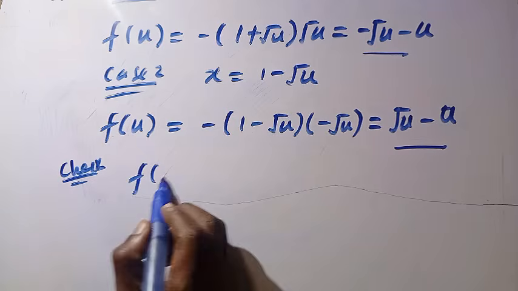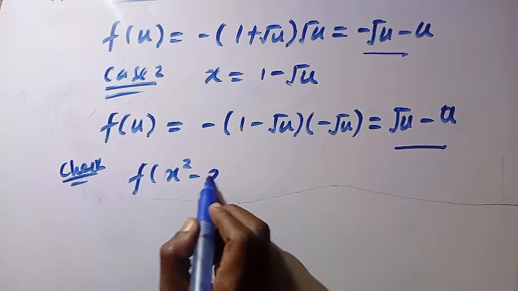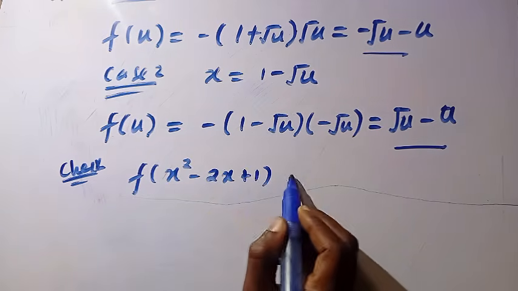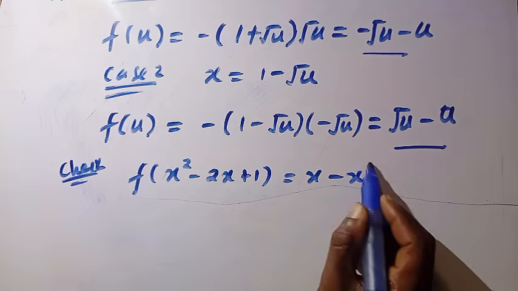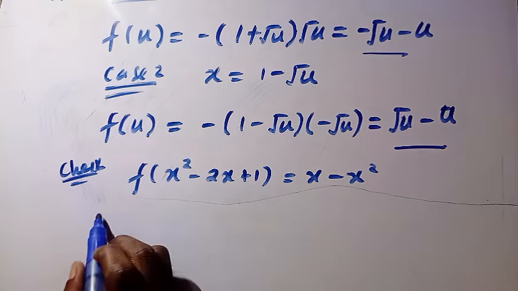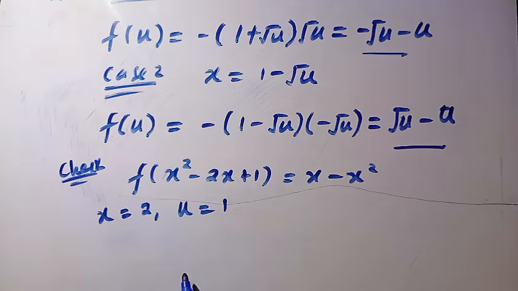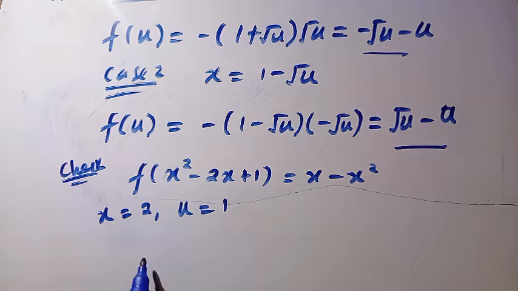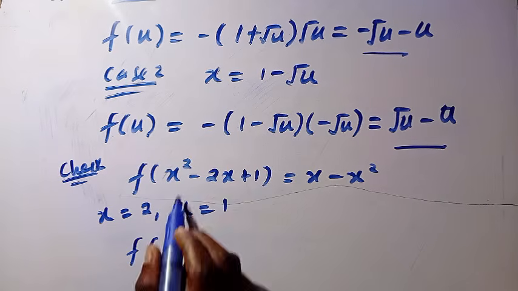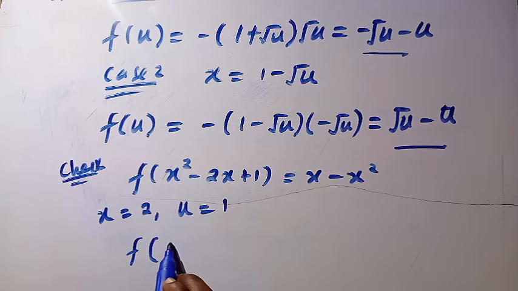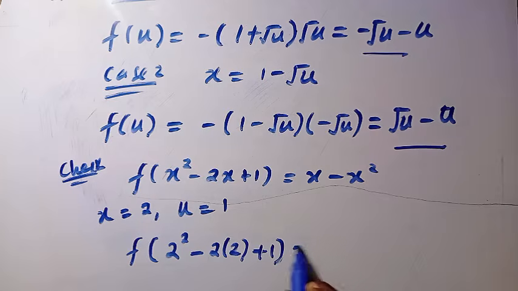From the given question, we have f of x squared minus 2x plus 1 equals x minus x squared. Suppose x equals 2, definitely u will be equal to 1. Let's verify. We have f of 2 squared minus 2 into bracket of 2 plus 1 equals 2 minus 2 squared.